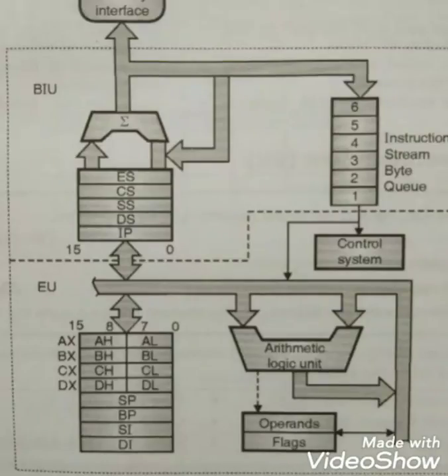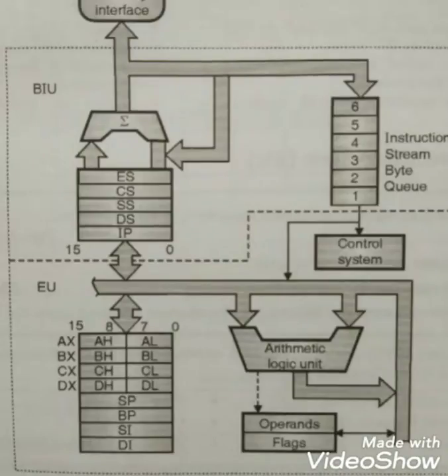Control system is responsible for the coordination of all other units of the processor and performs various internal operations. ALU performs various arithmetic and logical operations on 8-bit data and 16-bit data.